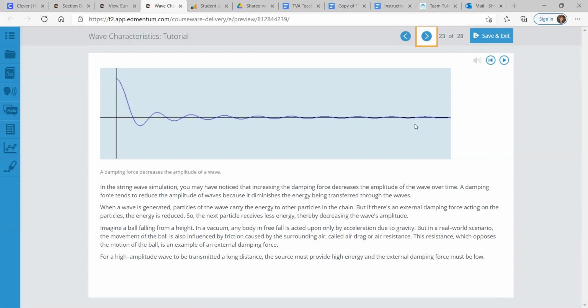And that's a lot of the real world situations. Gravity, friction, damping force, you name it, that opposes the motion of the wave. For a high amplitude wave to be transmitted a long distance, the source must provide high energy and the external damping force must be very low.